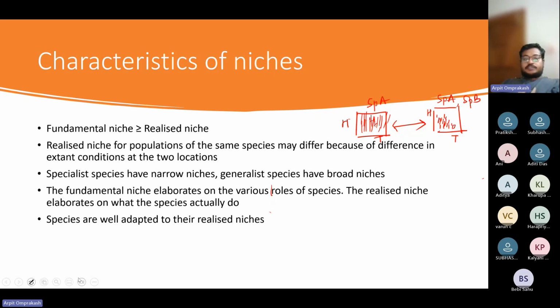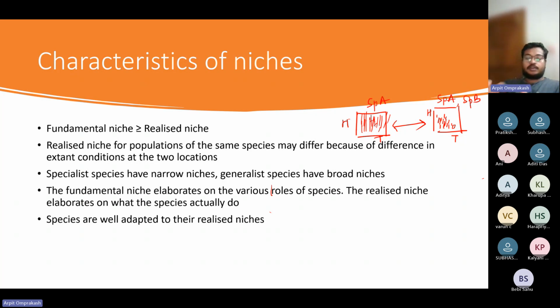The third thing is specialist species have narrow niches. Specialist species are species that specialize in something, or basically focus on a particular resource and are adapted to use the resource in a much better way compared to other species.